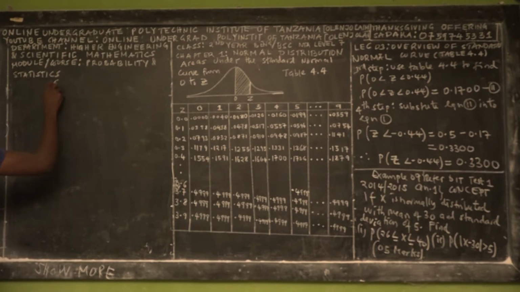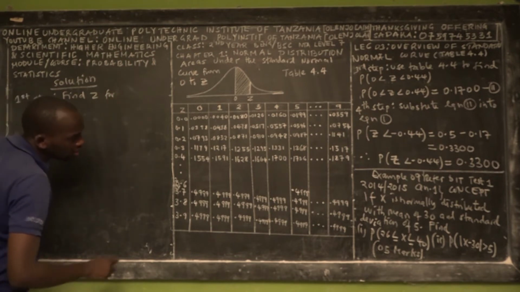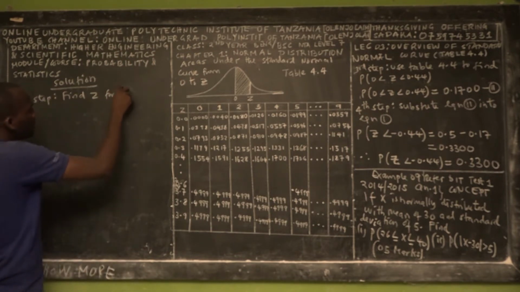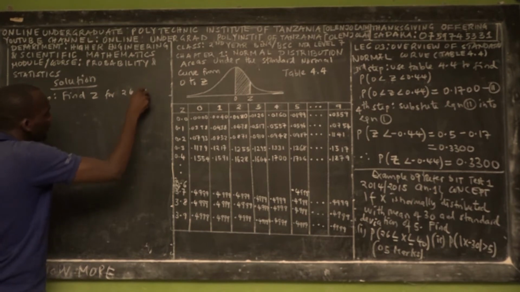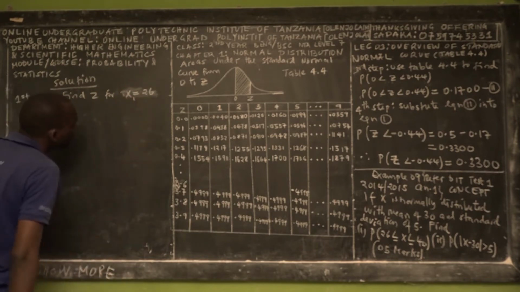Solution. The first step, we say that find Z for 26 less than or equal to x less than or equal to 40. Z for x1 is equal to 26.